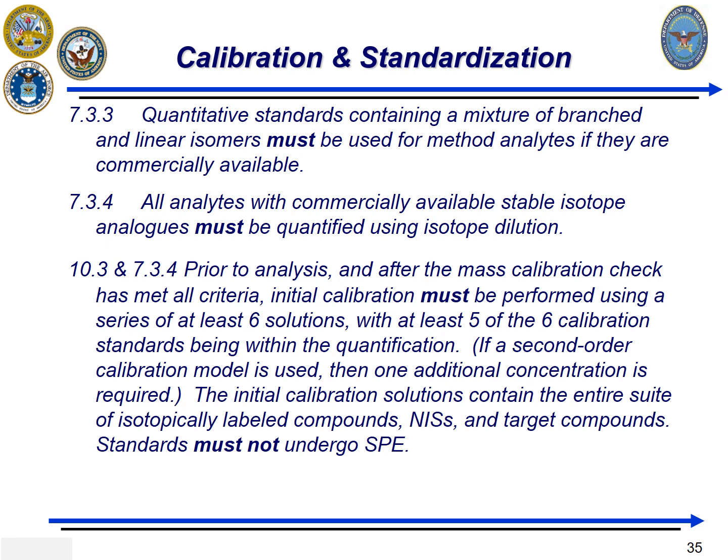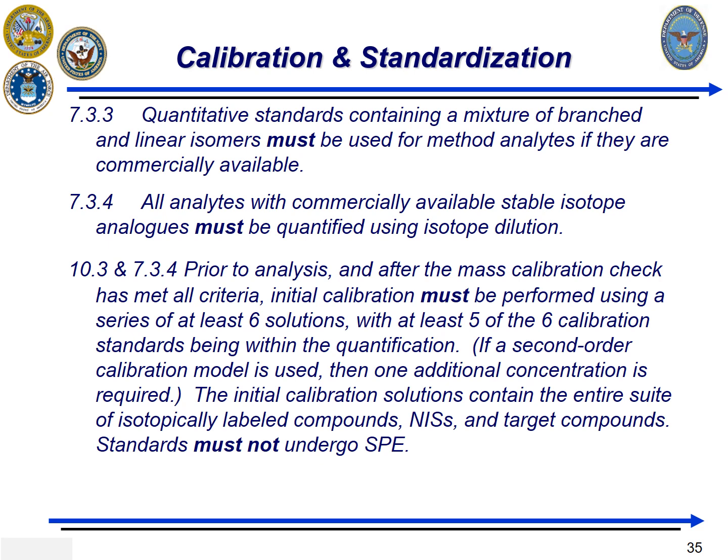If a second order calibration model is used, then you have to add 1 more additional concentration as the required number of standards. So instead of 5, you're going to have at least 6 within the quantification range. The initial calibration solution contains the entire suite of isotopically labeled compounds, NIS, and target compounds. And these standards must not undergo solid phase extraction.